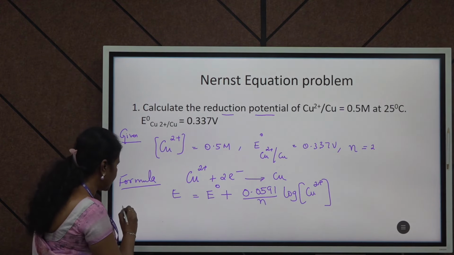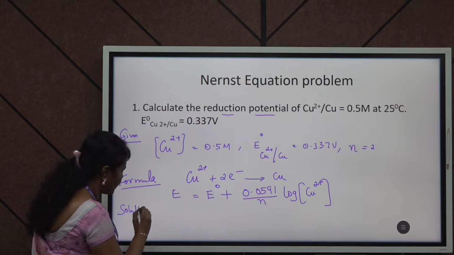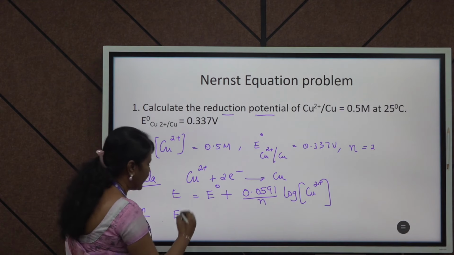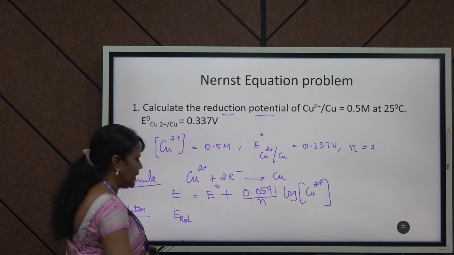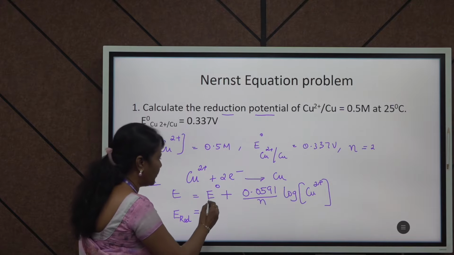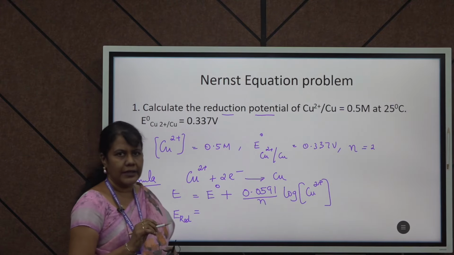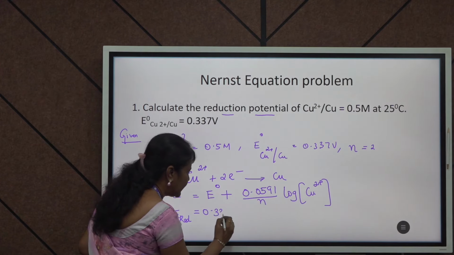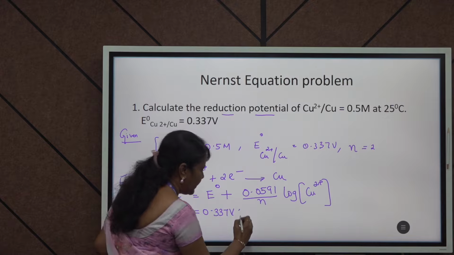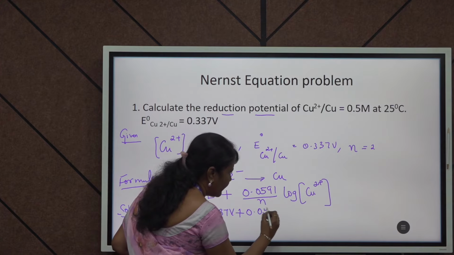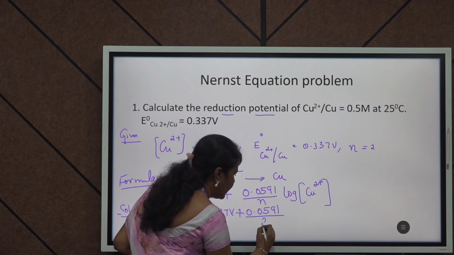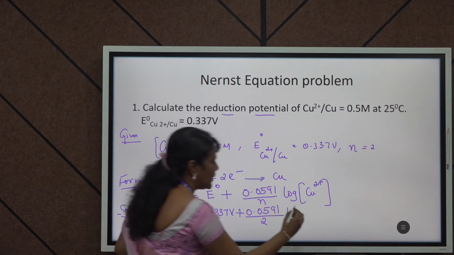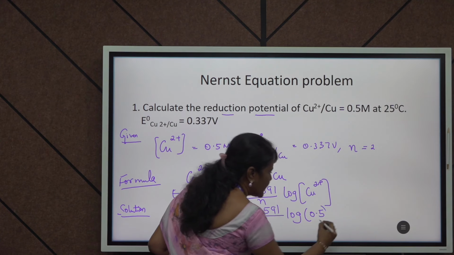Now substitution. Let's write this solution, just substituting all the data given. Since we are finding the reduction potential, E can be written as E reduced. So E reduced is equal to E0, the standard electrode potential for copper, which is 0.337 volt, plus 0.0591 divided by 2, log of the concentration of Cu2+, which is 0.5, log of 0.5.